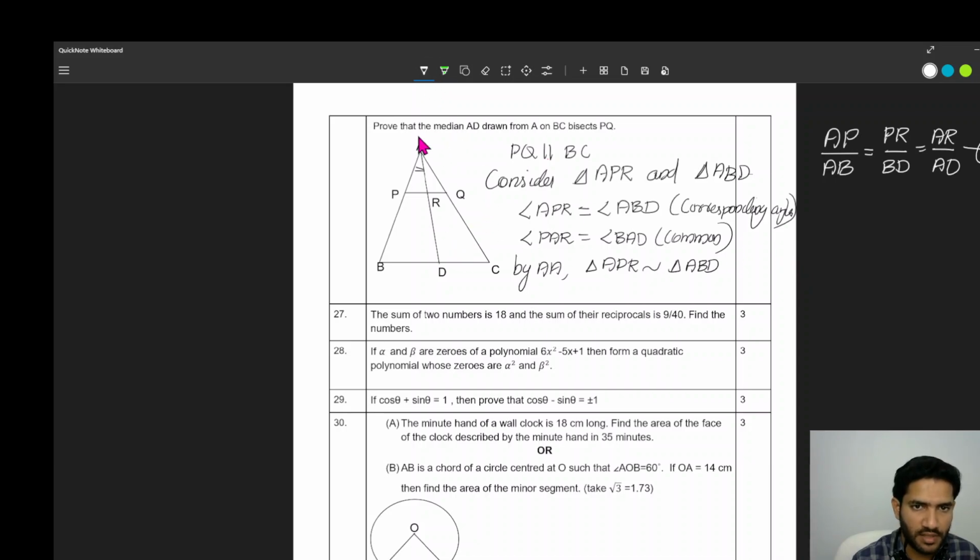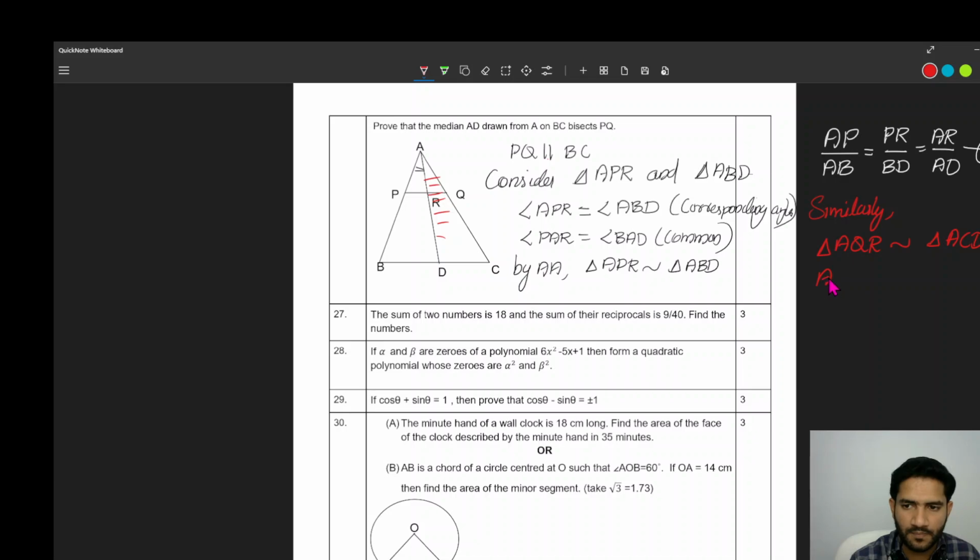Similarly, we can show that, on the left side, these two, triangle AQR is similar to triangle ACD, and we can use the proportionality.